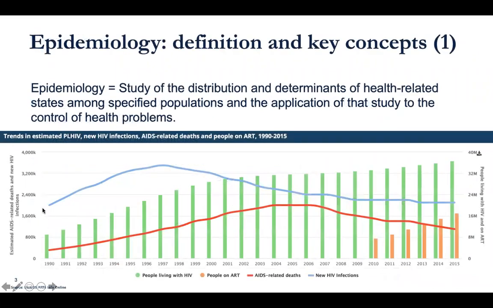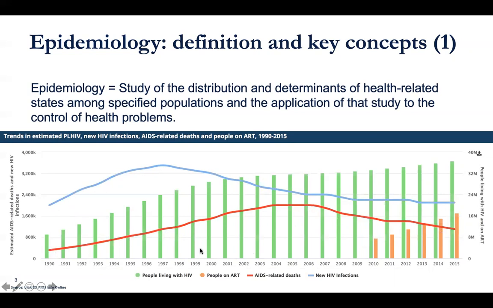Epidemiology is the study of the distribution and determinants of health-related states, what we typically call diseases, although they could be events as well, among specified populations and the application of that study to the control of health problems. So you can see here in a graph, we've plotted four things at once: the total number of people living with HIV, that is the prevalence of HIV; new HIV infections, that is the incidence of HIV.